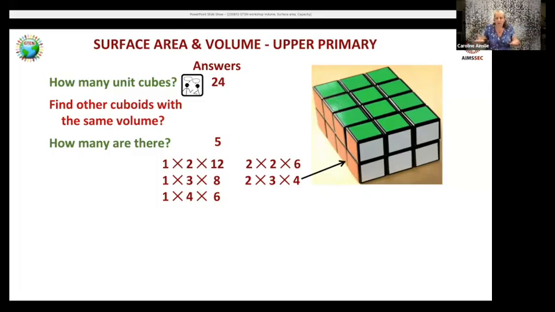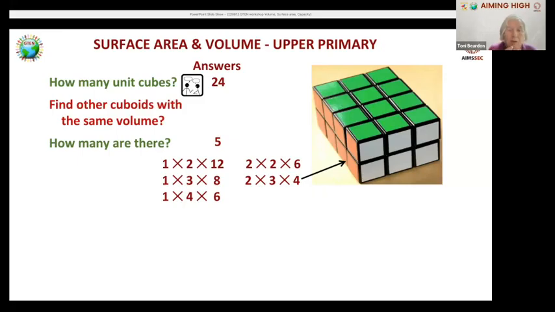You've got a whole world within that, but to be sure that you've got all the possibilities, and this is cuboids, which Caroline's quite right. I mean, you could change the order of the factors and talk about them being commutative, but if you want to be systematic, you've got 1 by 2, 1 by 3, and 1 by 4.